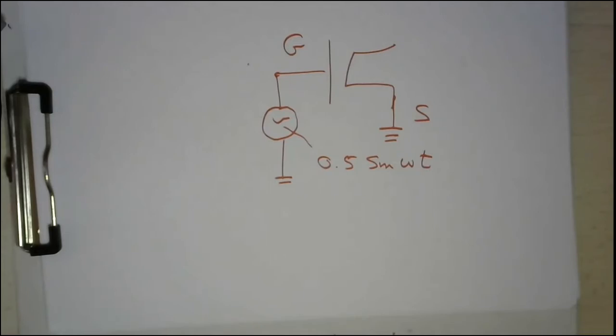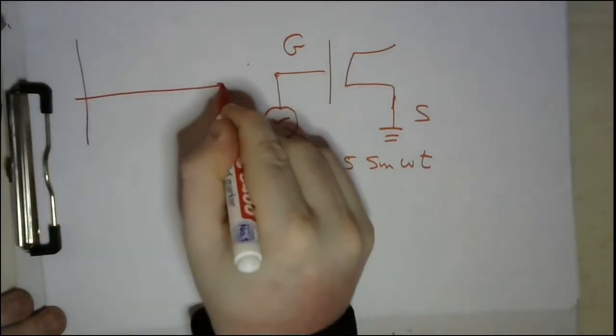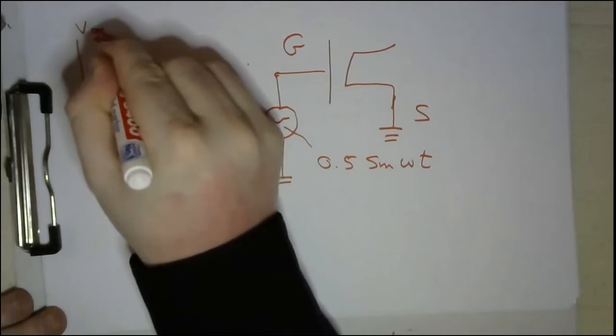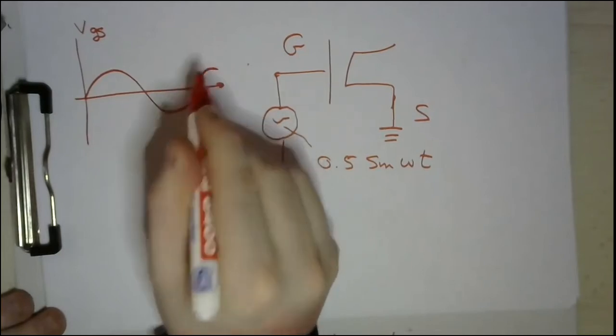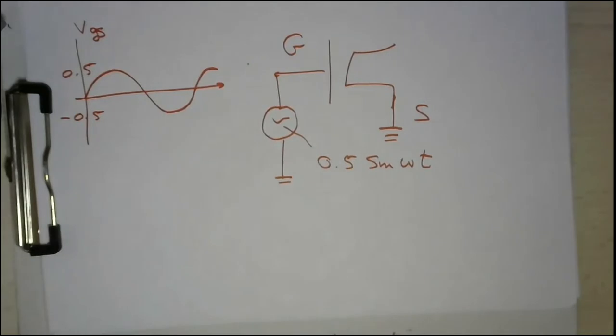Then let's plot it. So this is the VGS, and it looks like this. And this is 0.5, and this is negative 0.5. Perfect.